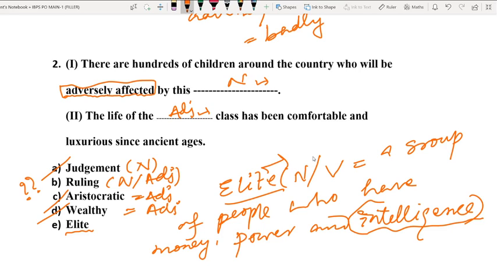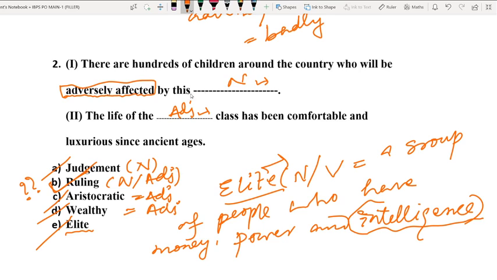Just apply your common sense and see, just because some elite people are staying in a country, can they adversely, negatively affect a large number of children? The answer comes without any doubt, no. The answer is a clear no. So, we eliminated option number E. We have only one option now, that is the correct answer, that is B.